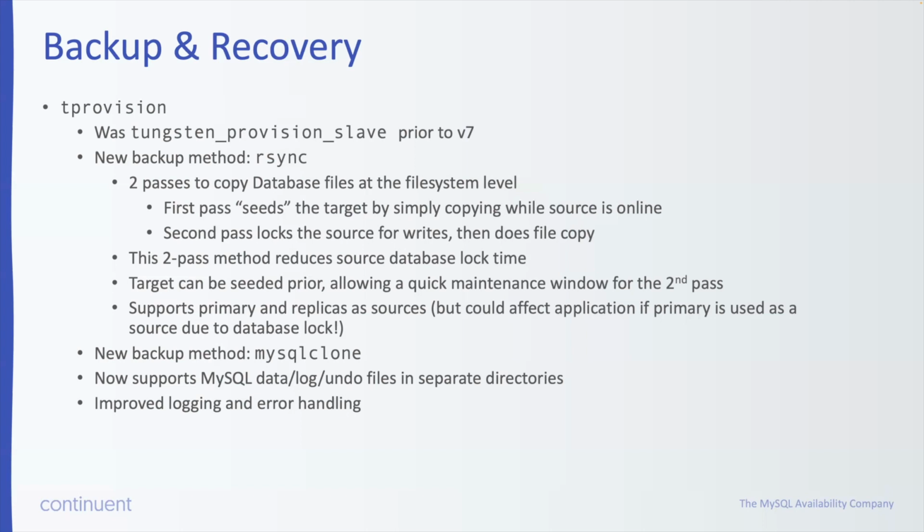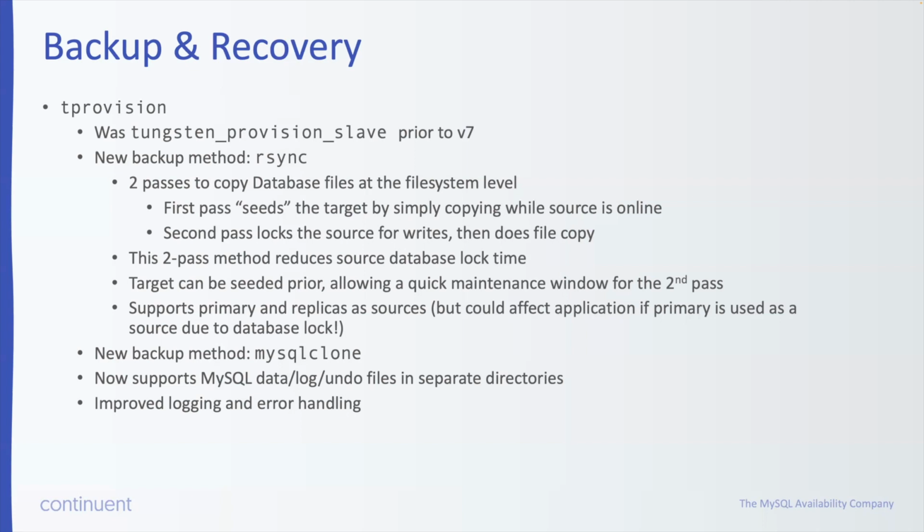So the reason why we do it in two passes is simply to reduce the amount of time that the database is locked. And then what you can also do if you really wanted to, if you're concerned about your maintenance window, you need to have absolute minimum downtime, you can throughout the day just do the first pass, just seed the database, seed all the changes.